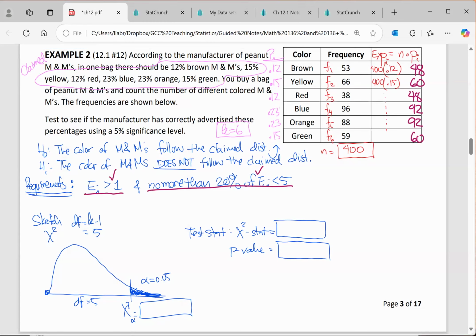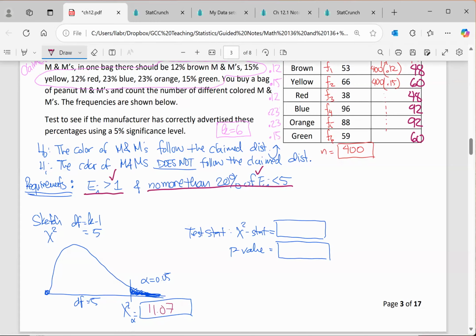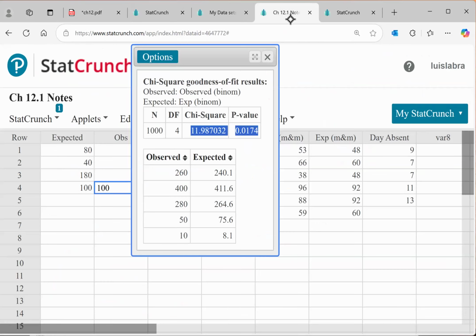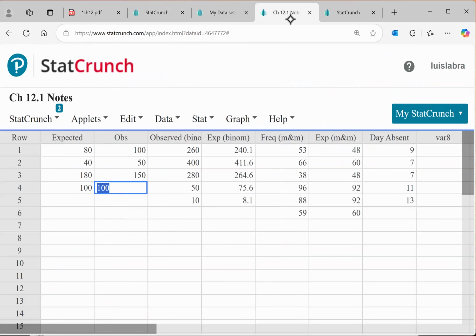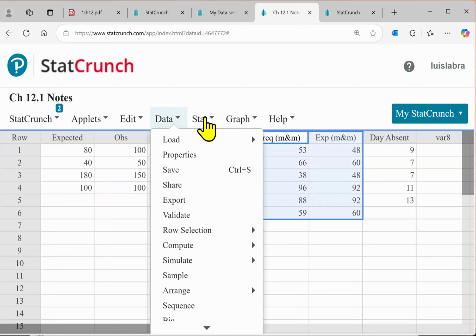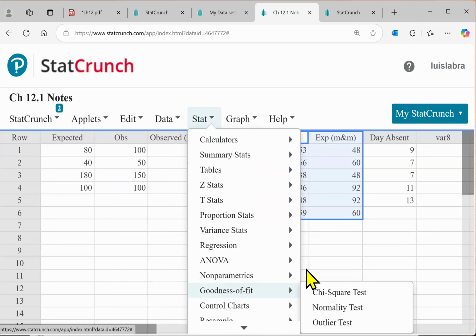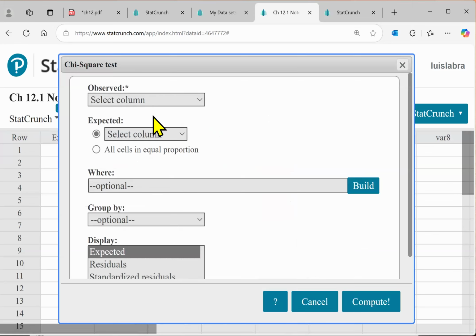All right, so we're back. The critical value for this is 11.07. The chi-square statistic we find by having our data, so frequency M&Ms and expected count M&Ms in StatCrunch, and then going to Stats, Goodness of fit, Chi-squared.